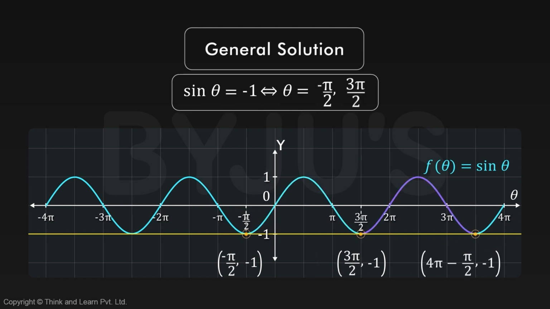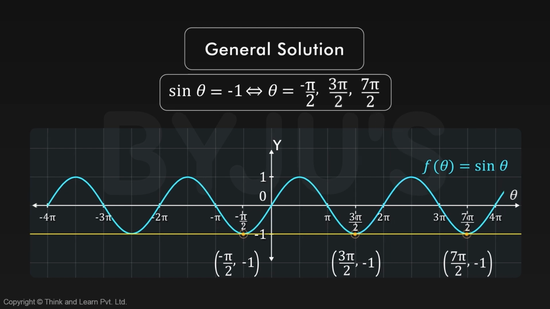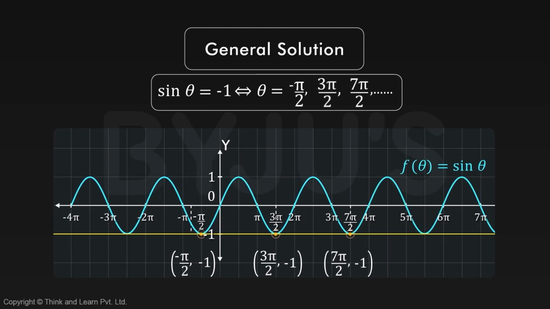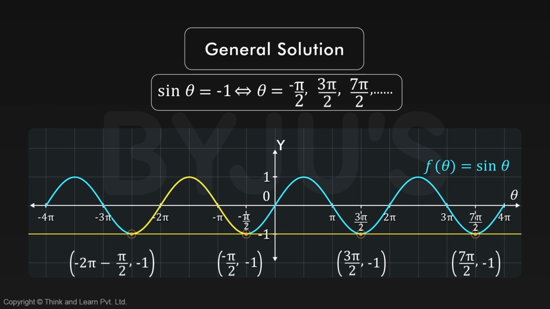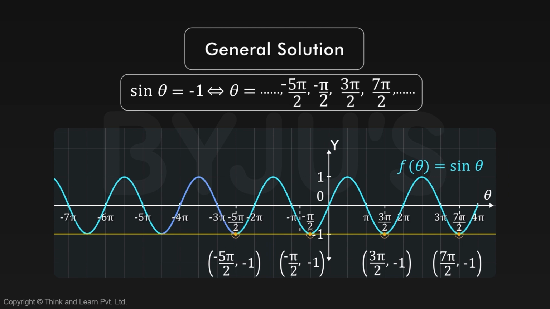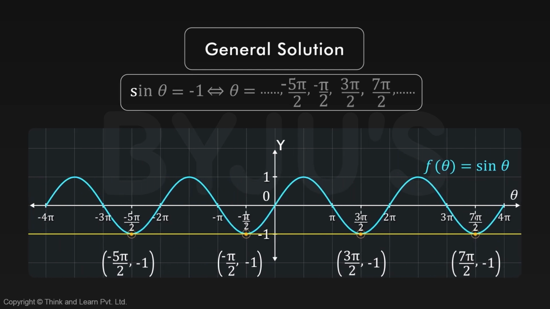Then we get 4 pi minus pi by 2, which is 7 pi by 2, and so on. Further, on the other side, we have minus 2 pi minus pi by 2, which is minus 5 pi by 2, and so on.